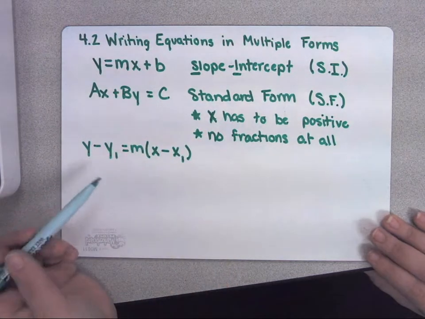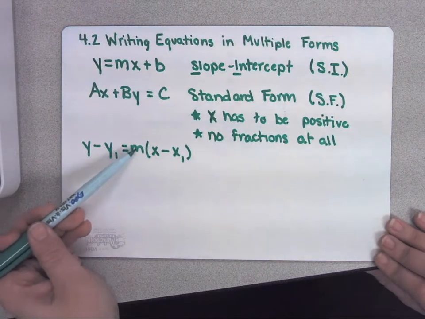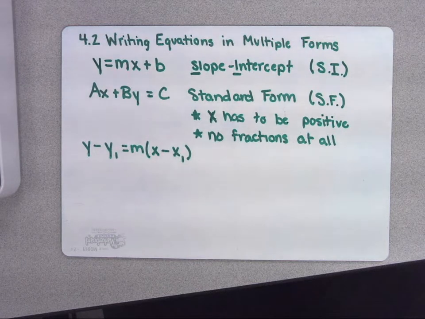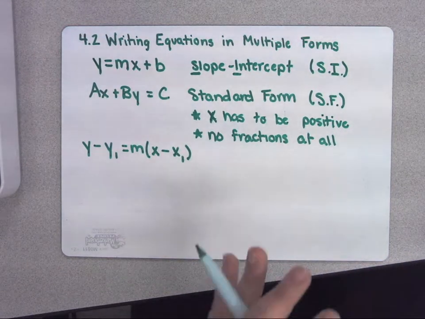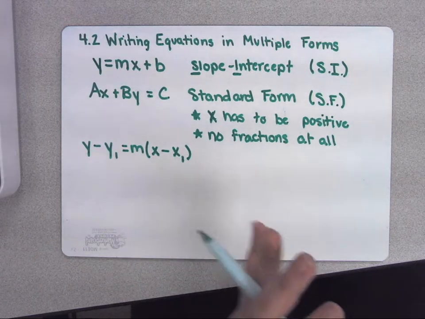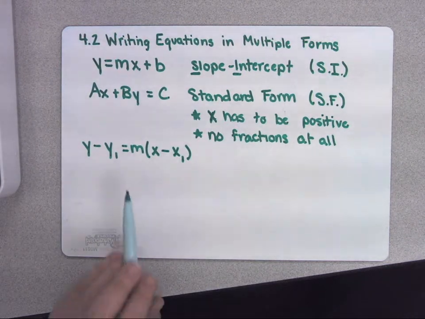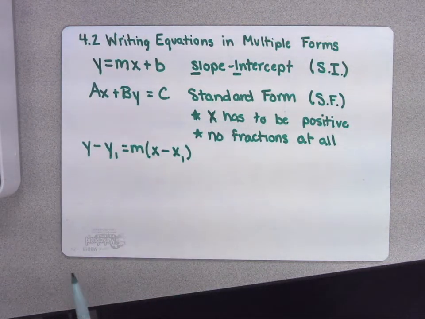This one, look what it has in it. It has what in it? What's M stand for? What do X and Y stand for? A specific P. Look at your bell ringer. Starts with a P. Point. So it has slope and a point in it.